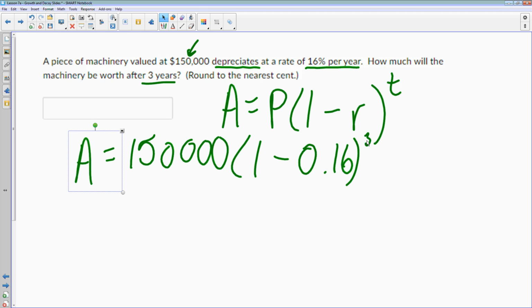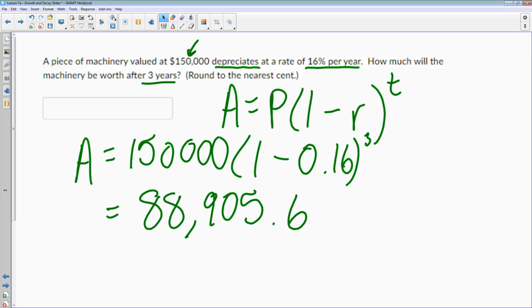Please see the first video that Ms. Cantwell put together on exponential growth and decay if you need help on plugging into Desmos. Or you can use a graphing calculator. And when you do so, you get $88,905.60. Desmos or your calculator will give you just 0.6, but we know that we're talking about money, so it should be 0.60.